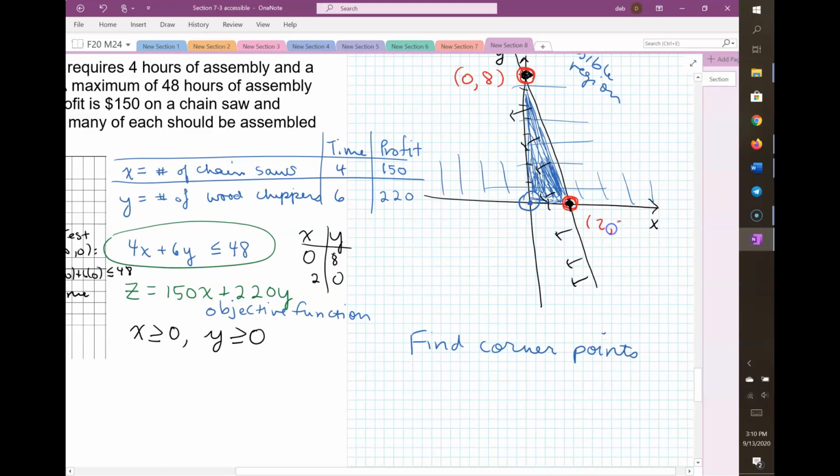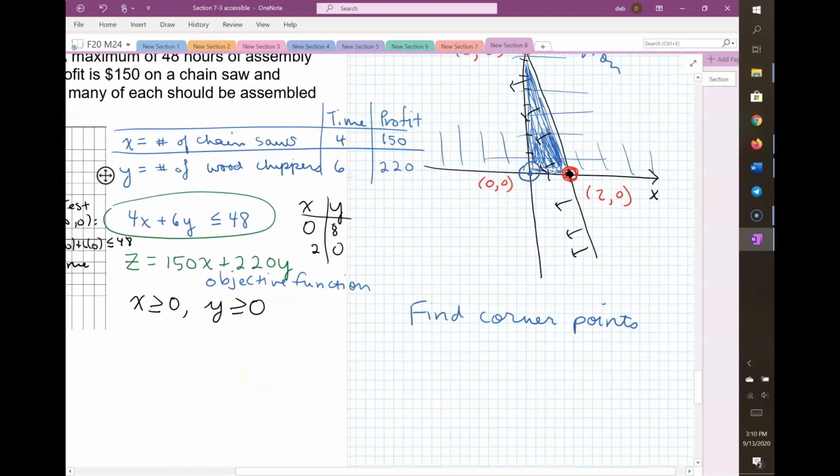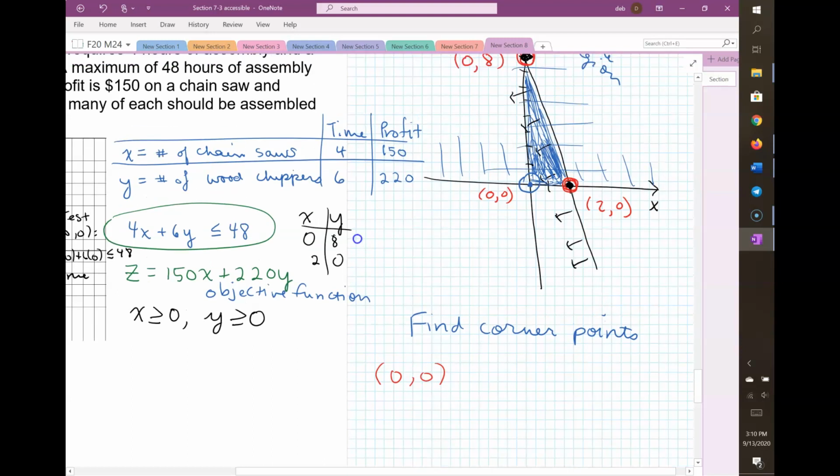The x-intercept was 2, 0, and the origin 0, 0. Okay, so I'm going to write those corner points, 0, 0, and then I start at 0, 0 if it's one of the corner points, and I go clockwise. It's just so I don't miss a corner point, because sometimes there are a number of them. And then 2, 0. So those are my corner points.